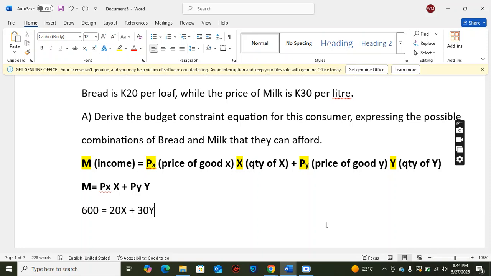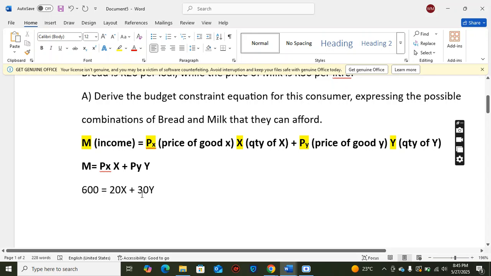They have asked us to give possible combinations, so I'll give two possible combinations. For example, say this person wants to buy only bread, which is good X. How many units of good X can they buy?